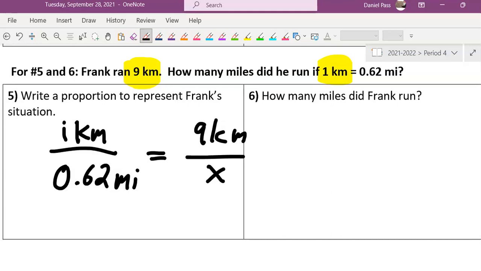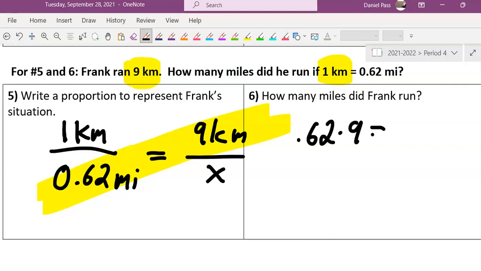You multiply 0.62 miles by 9 kilometers. That's right. So that's our first diagonal there. 0.62 times 9 is equal to what's the other diagonal? 1x.